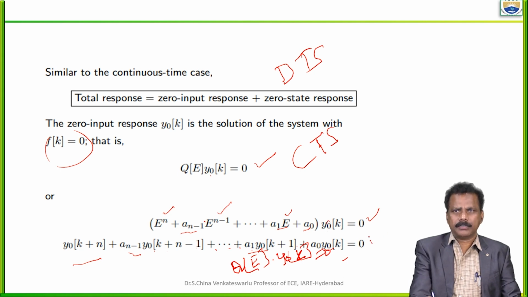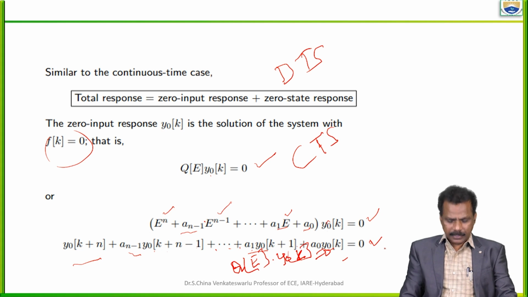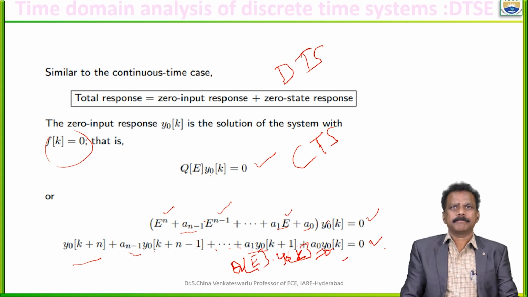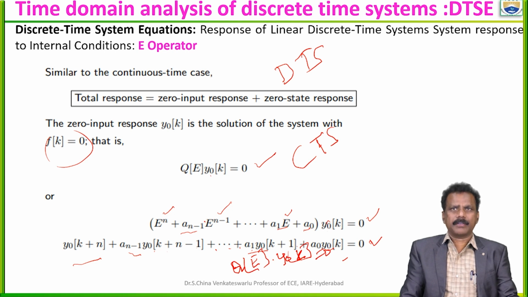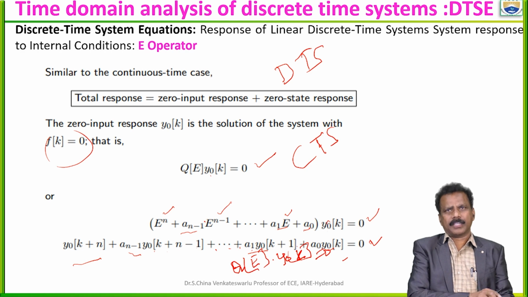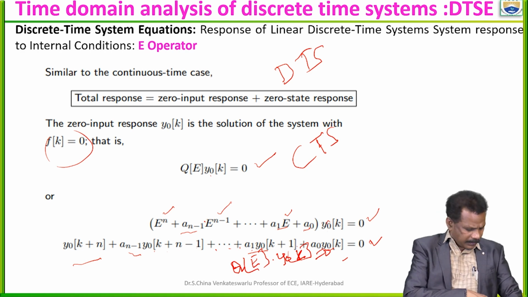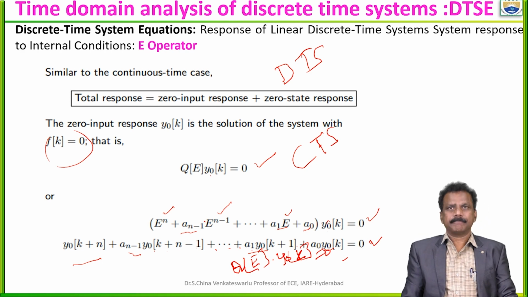With this we can analyze the effects of this operator E. So you can verify that we expect the response of the linear discrete time system, how the system responds to internal condition, that the E operator is affected.